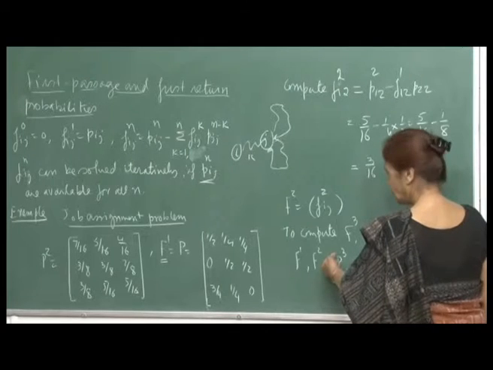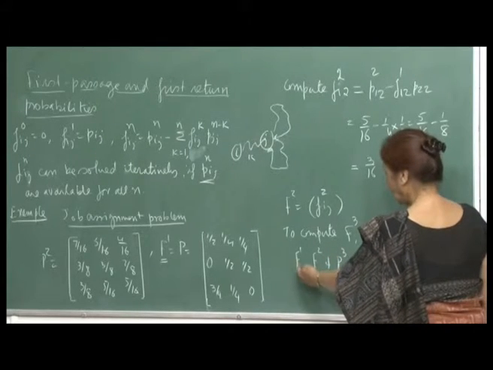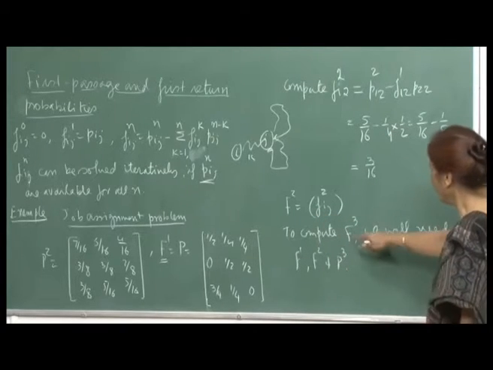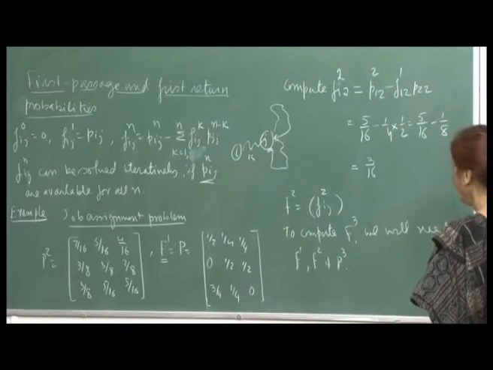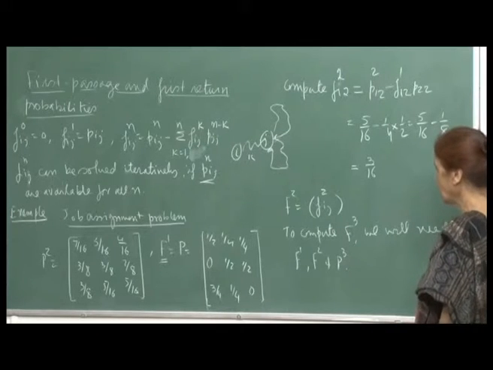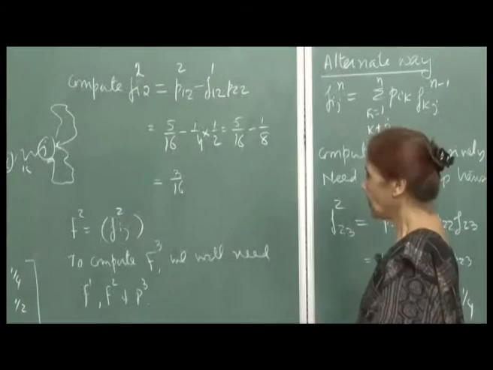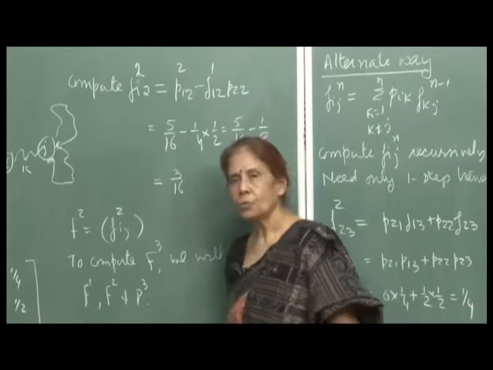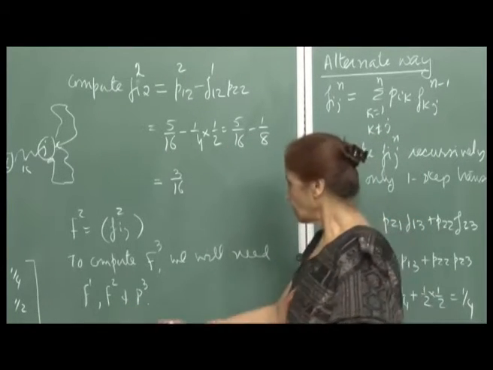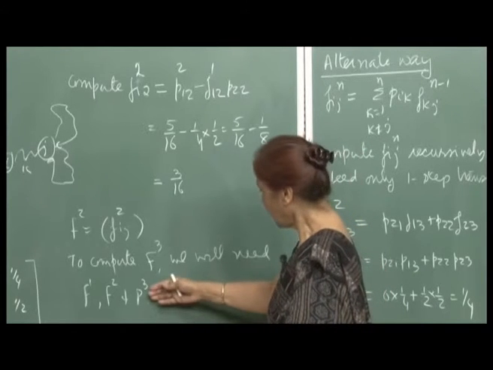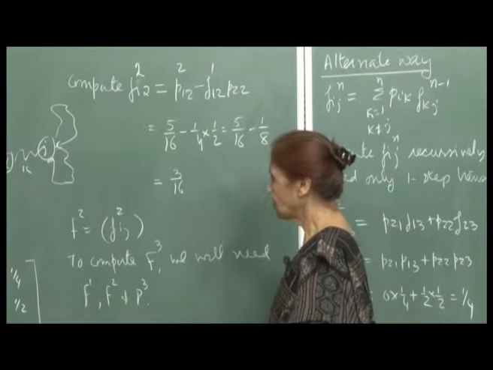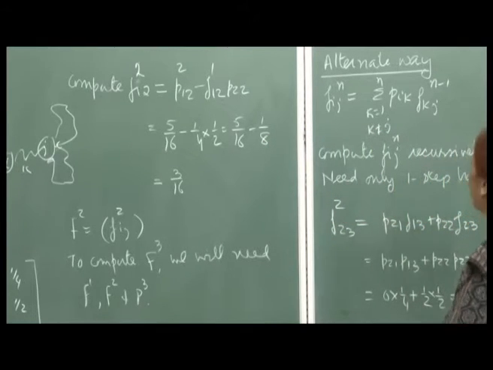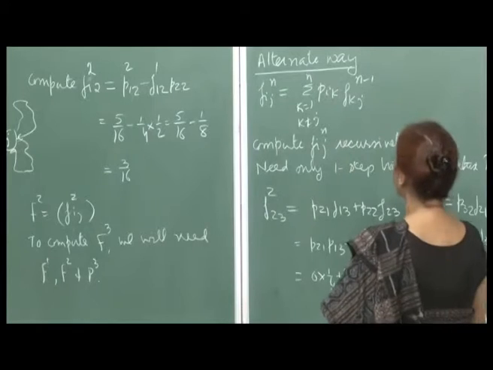That means P1, P2, P3, F1, F2 you will need to compute the elements of F3, right. This is a lot of work, so I will now give you an alternative method of computing these first passage probabilities without wanting the higher powers of P; just the first transition matrix would be enough. Okay.